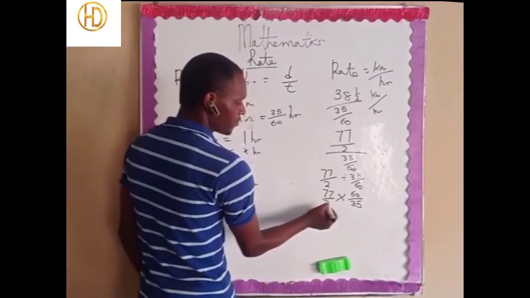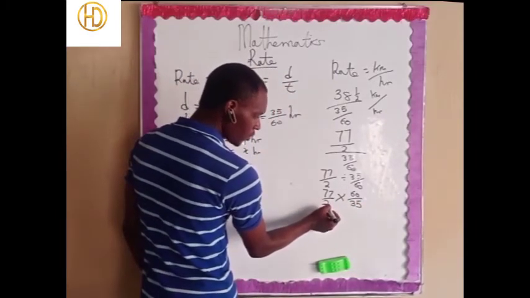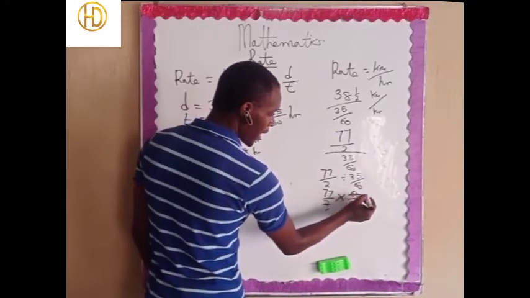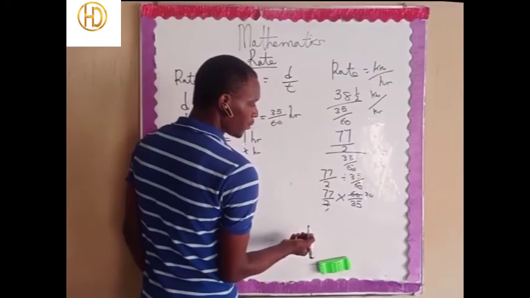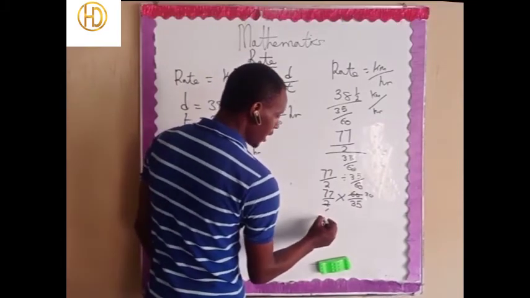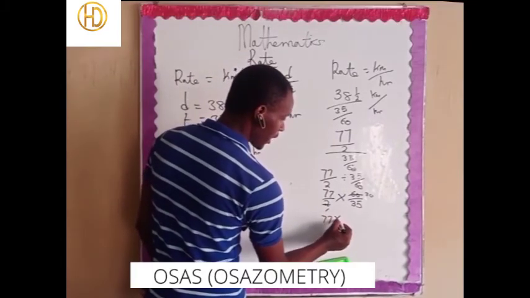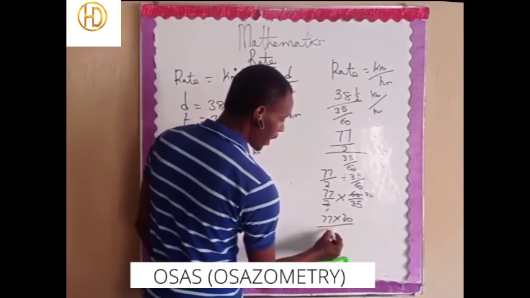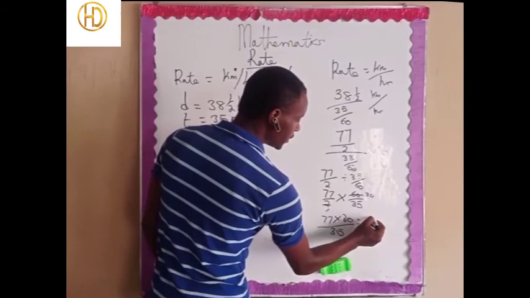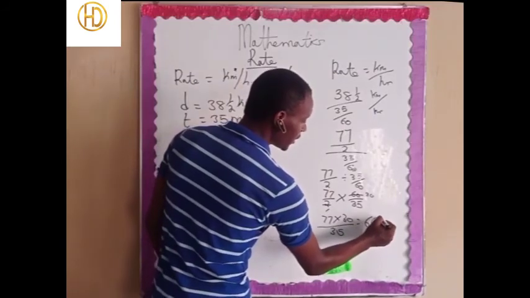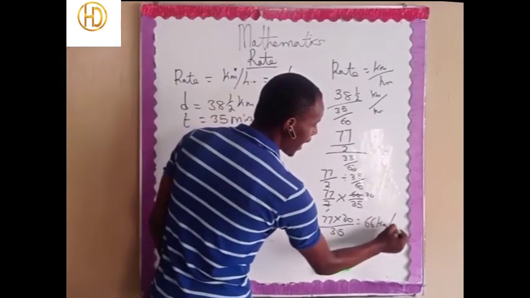Don't waste your time. 2 here, 1, 2 here is 30. So we have 77 times 30 over 35. That will give me 66 kilometer per hour.